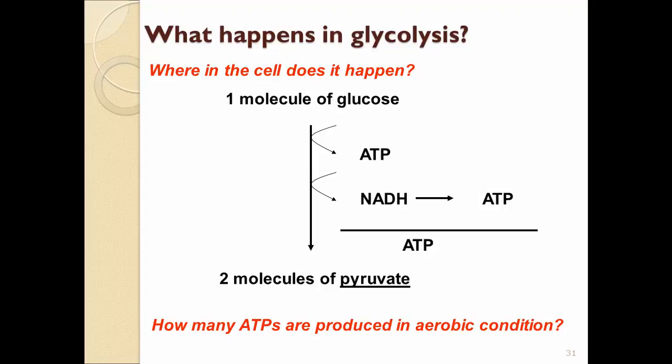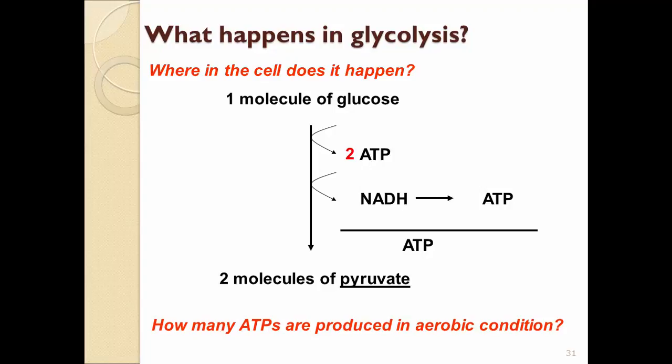And how many ATPs? 2. Remember, why is it 2? You utilize 2 in the first stage. So you produce 4 in the second stage, but actually utilize 2 in the first stage.